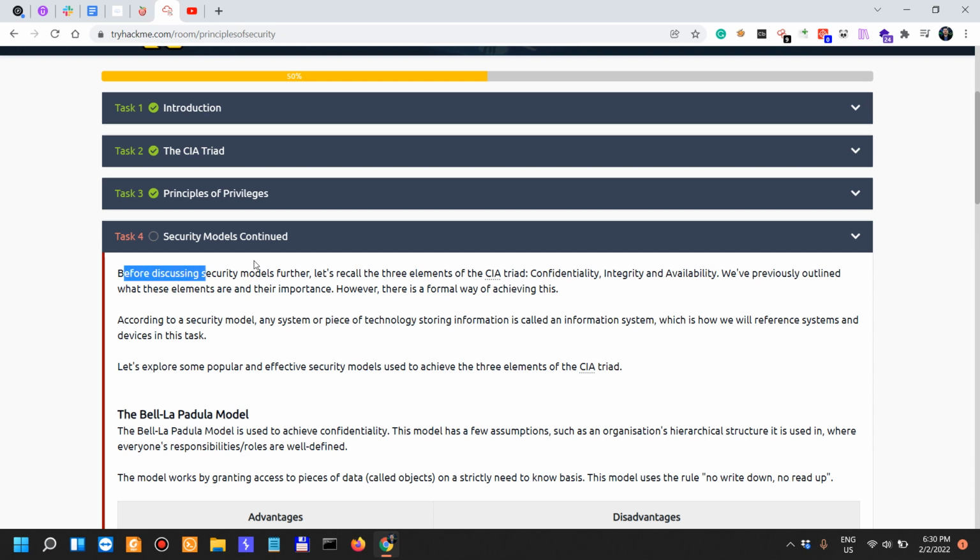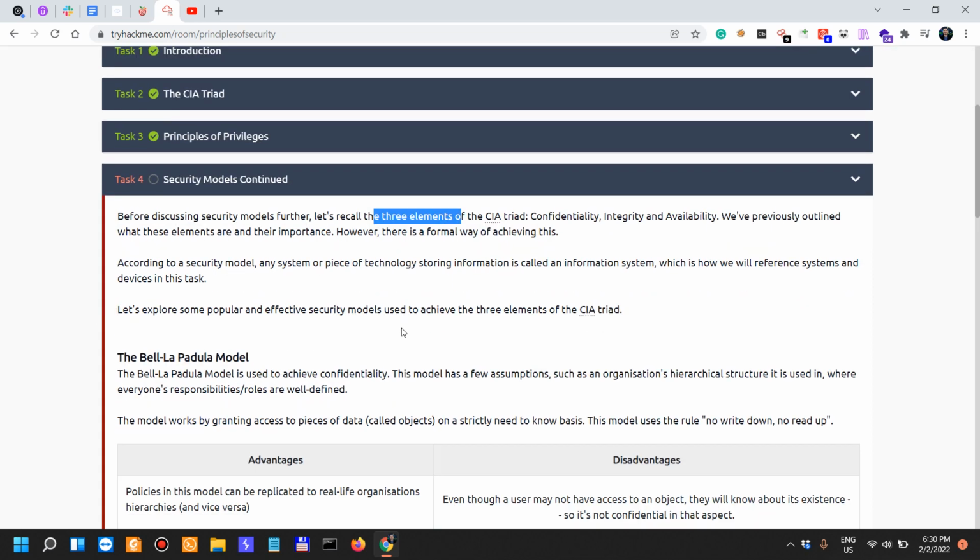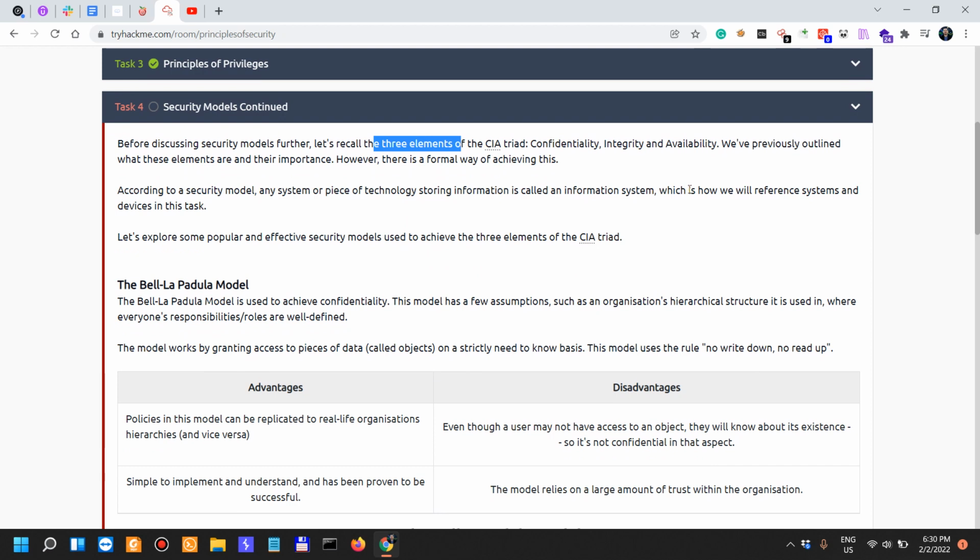Security models continue. Before discussing, let's recall the three elements of the CIA triad. According to a security model, any system or piece of technology storing information is called an information system. Let's explore some popular and effective security models used to achieve the three elements.